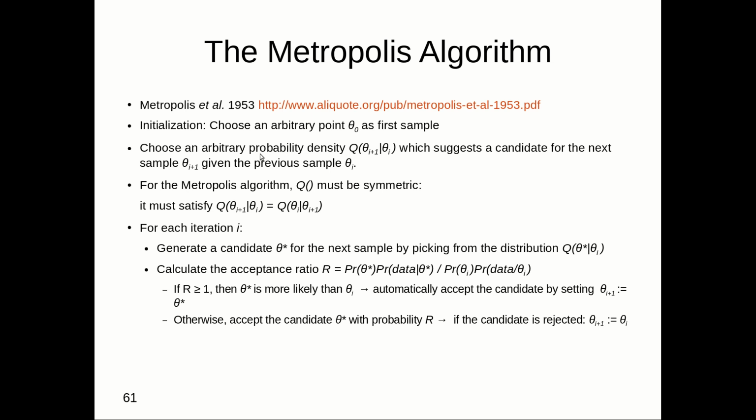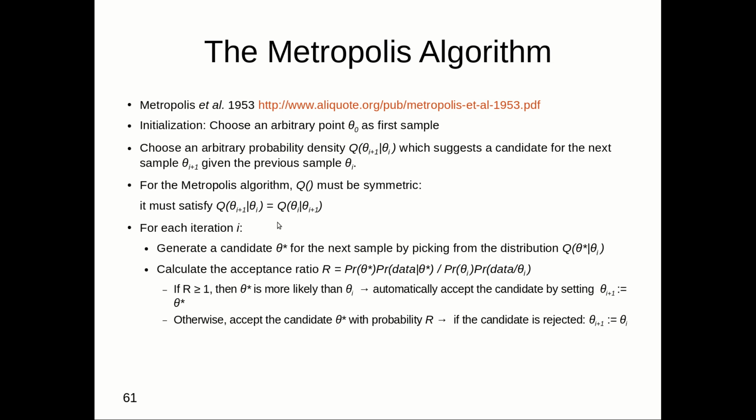It's got nothing to do with the posterior probability distribution that we're actually trying to approximate. For the Metropolis algorithm, as I said before, this transition function Q, the proposal distribution Q, must be symmetric. So it must satisfy that the probability of going from theta i plus 1 to theta i is the same as going from theta i to theta i plus 1.